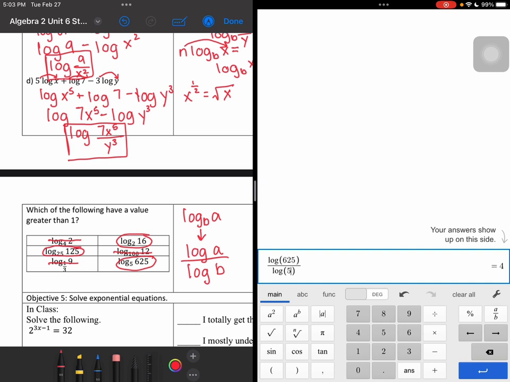Then great, it's going to have a value greater than 1. If there's a fraction in it, it's always good to just plug it in and see what you get, because fractions have different rules. But we can say the reverse too. If the base number is bigger than the argument, or the a number, then it does have a value less than 1.